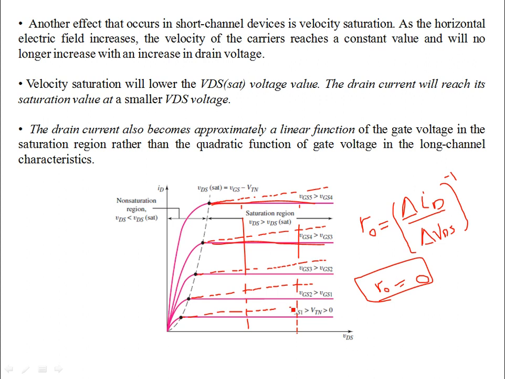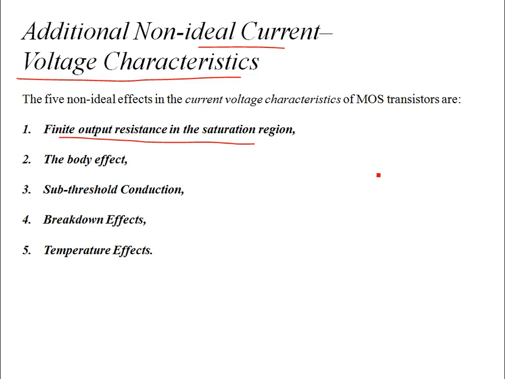You have some increase in the current ID. So this is what happens in actual MOSFETs, or let's say MOSFETs having a finite or a small channel length. So this is the story of actual MOSFETs, and these are non-ideal, nonlinear things that we consider in the IV characteristics.